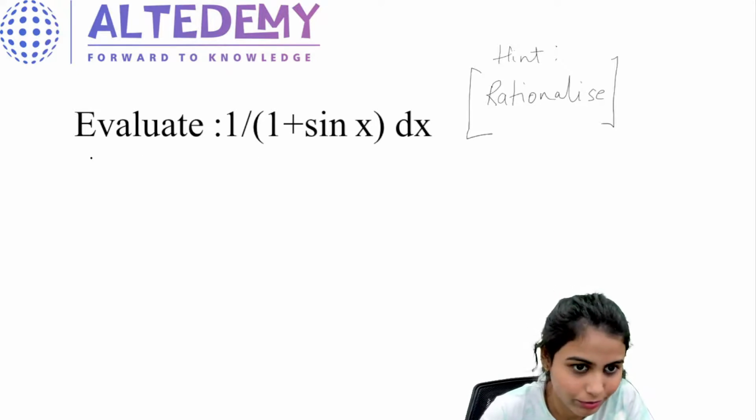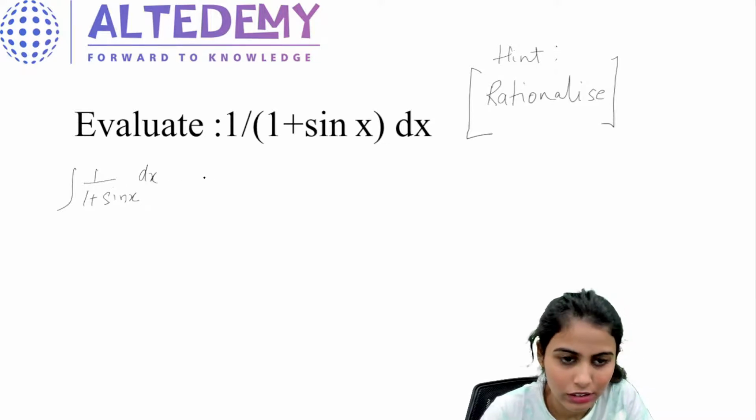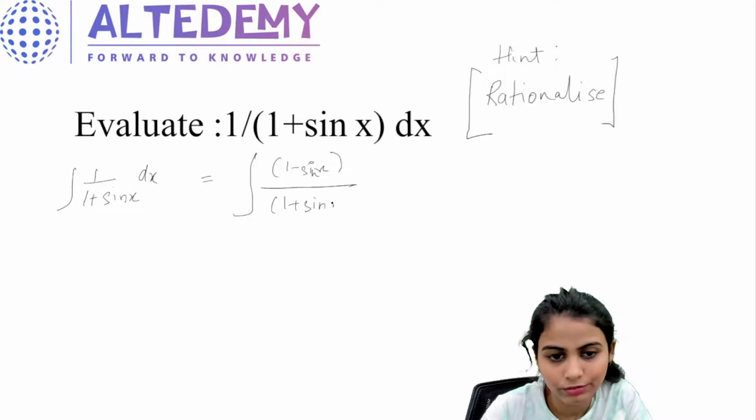So the integral of 1 upon 1 plus sin x dx equals 1 minus sin x upon 1 plus sin x times 1 minus sin x. We're multiplying 1 minus sin x on both numerator and denominator.